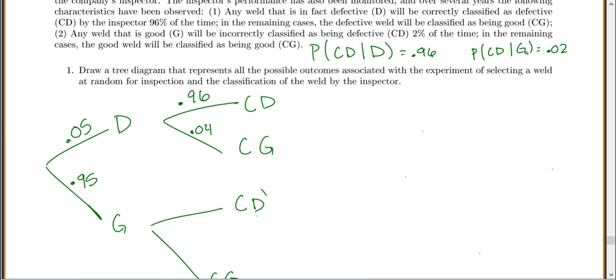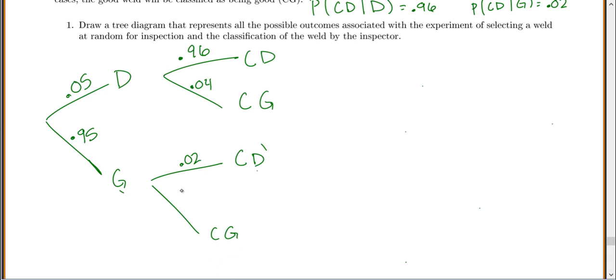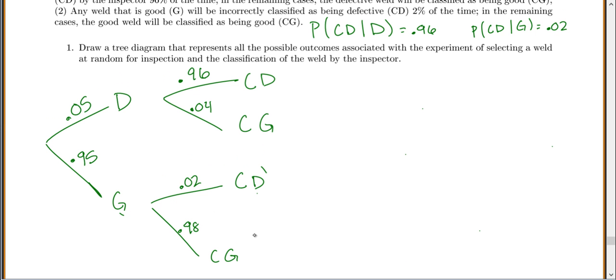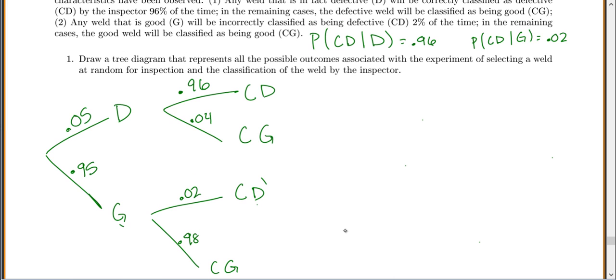Now, if we know it's good, you start off with it being good, the probability of CD given that it's good. So that means go along the good branch. Now the probability of it being classified defective is 0.02. And again, the two branches will always be complements, so 0.02 plus 0.98 gets us up to our 1. Now you find the probability of the intersection, so the probability of D intersect CD is 0.05 times 0.96, which gives me 0.048.